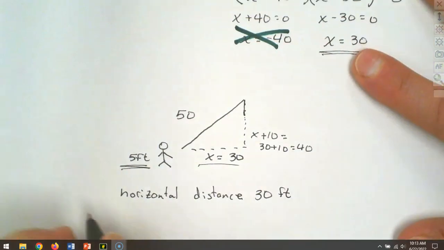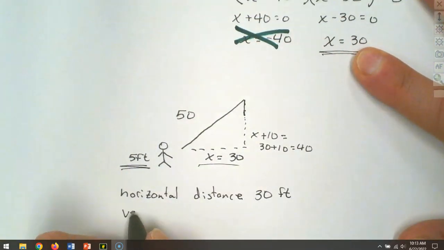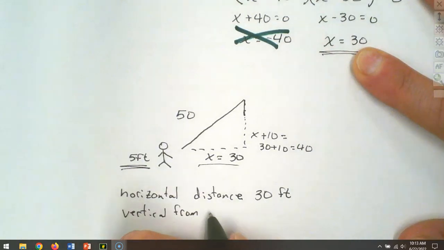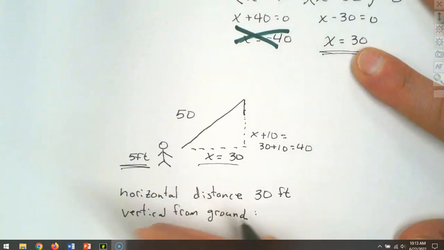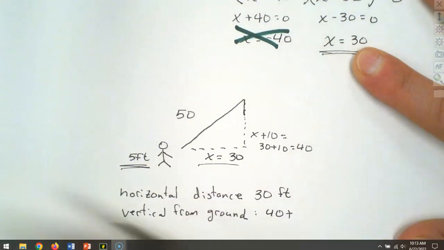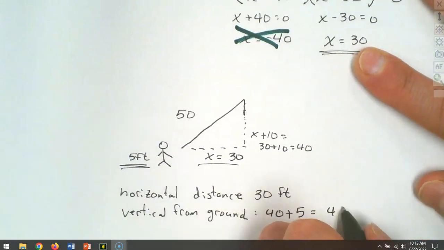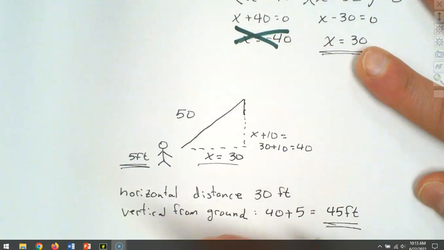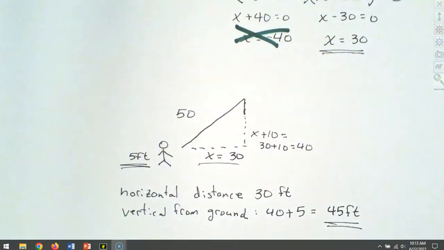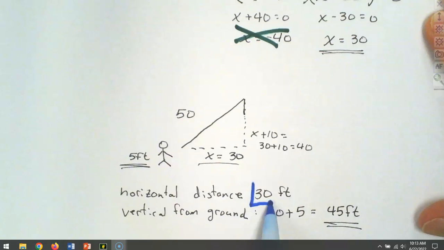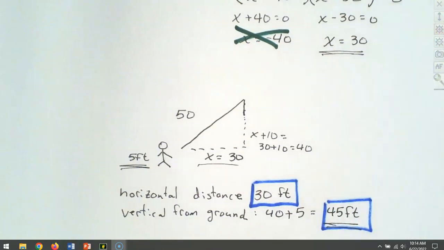Now, what about the vertical distance from the ground? Well, the vertical distance from the ground is going to be that 40 plus the fact that he's 5 foot tall. So that's actually going to come out to be 45 feet. Because he's 5 foot tall, we have to add that in. So that kite is actually now 45 feet off the ground.